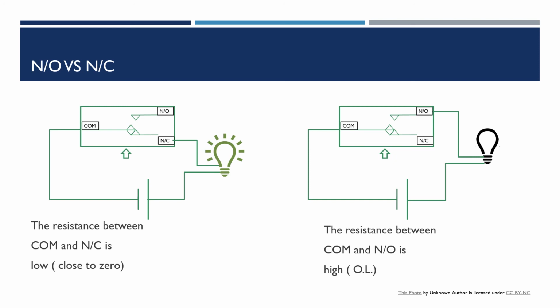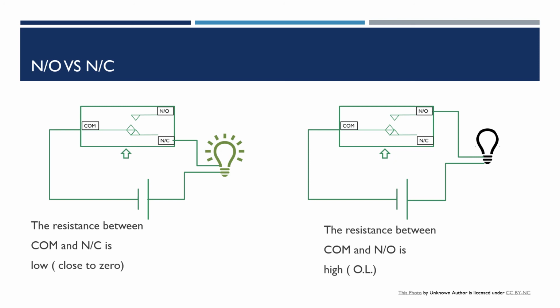So this is in terms of resistance value. Low resistance means that these terminals are closed, and this should be the normally closed. So why do we need that? Because normally open and normally closed most of the time is not indicated. You have to find it by yourself.